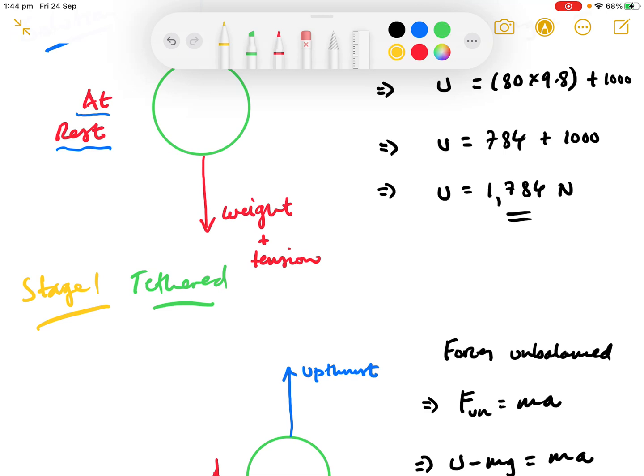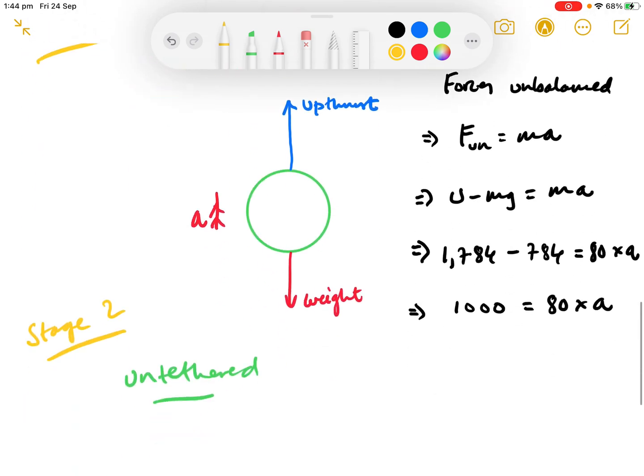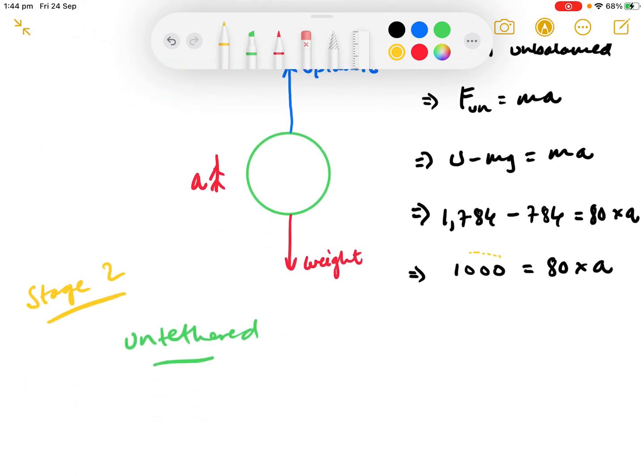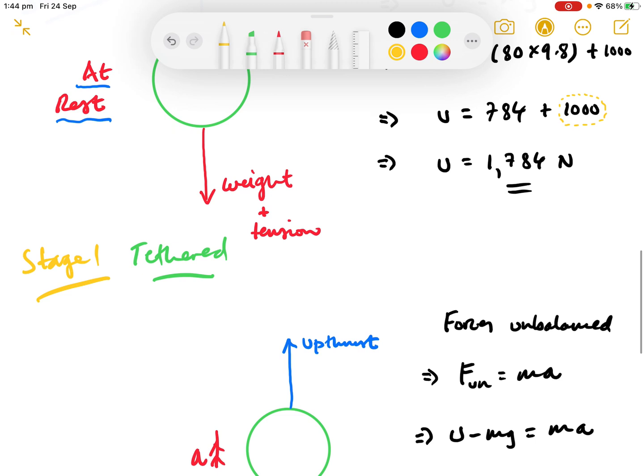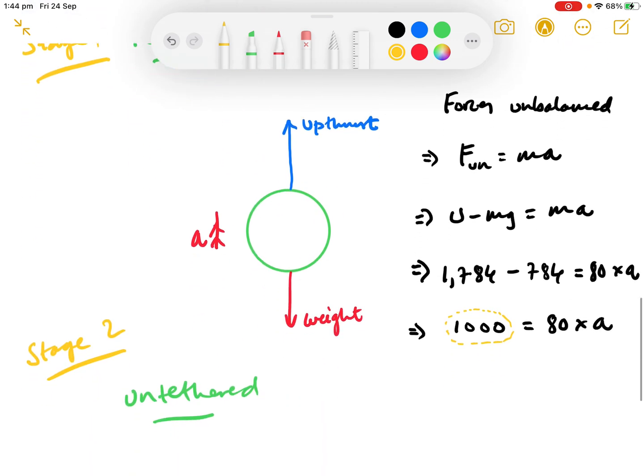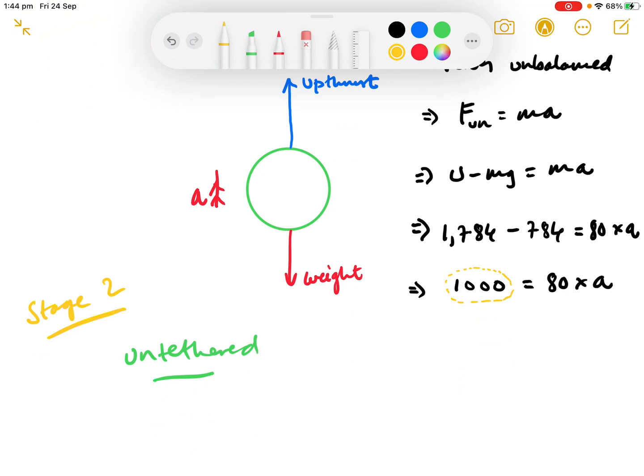I don't know if you've spotted it, but it's no coincidence that the tension is 1,000 newtons, and once the tension is removed, the unbalanced force becomes 1,000 newtons. And that's because it's the addition of the tension which balances the situation. Without the tension, which is what we have here in stage 2, the unbalanced force is 1,000. Okay, and that's just an observation.